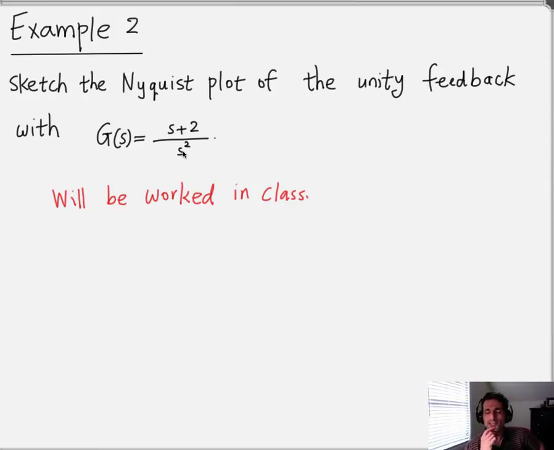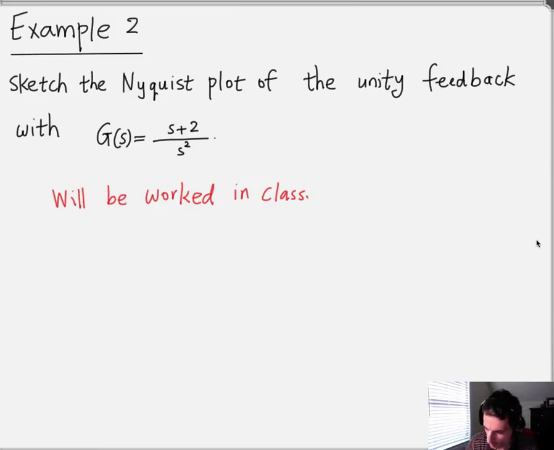The trick is that whenever you have a pole or zero on the j omega axis, you have to bypass those poles or zeros in your contour A.